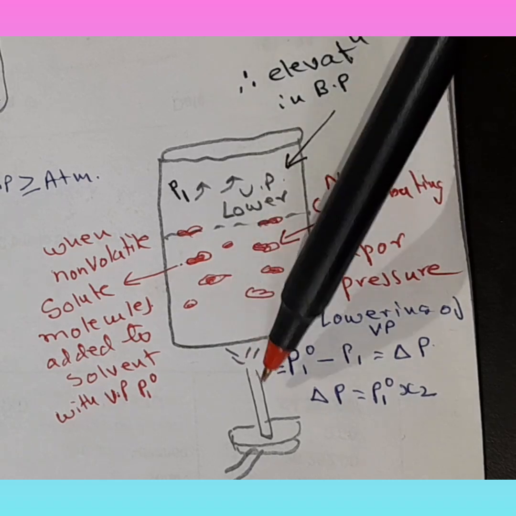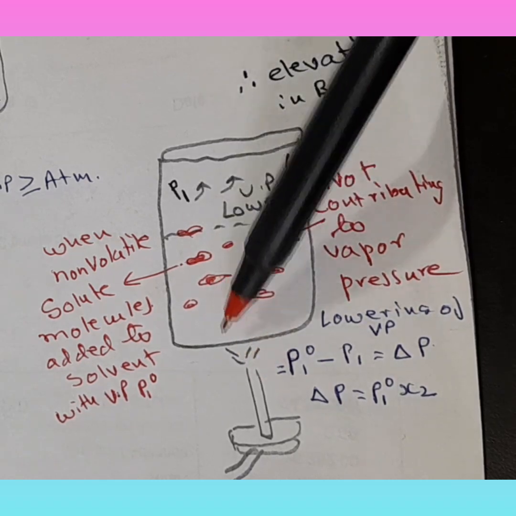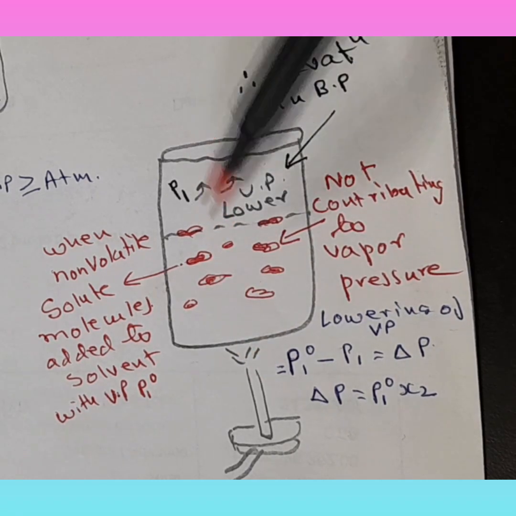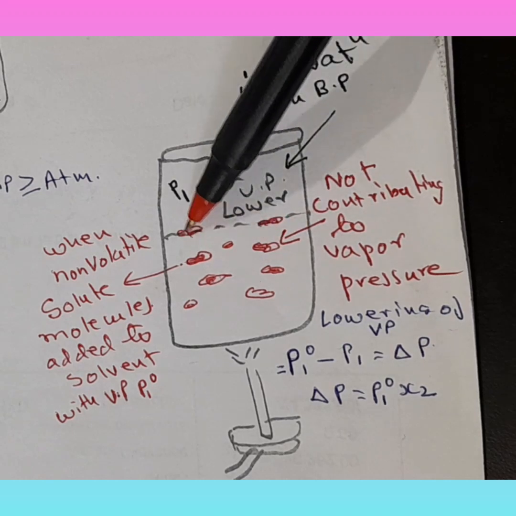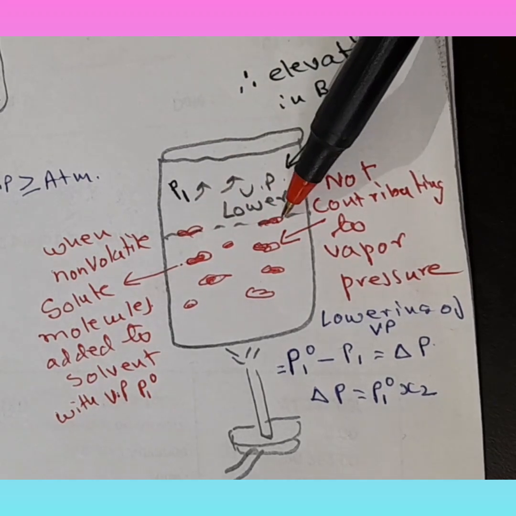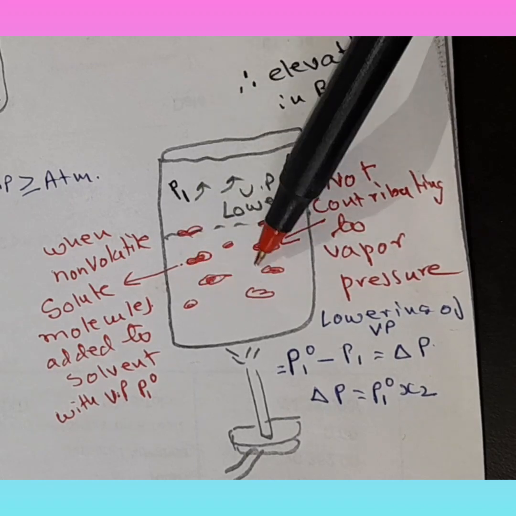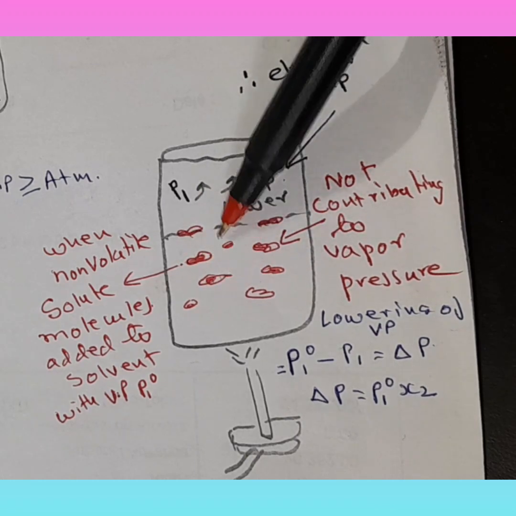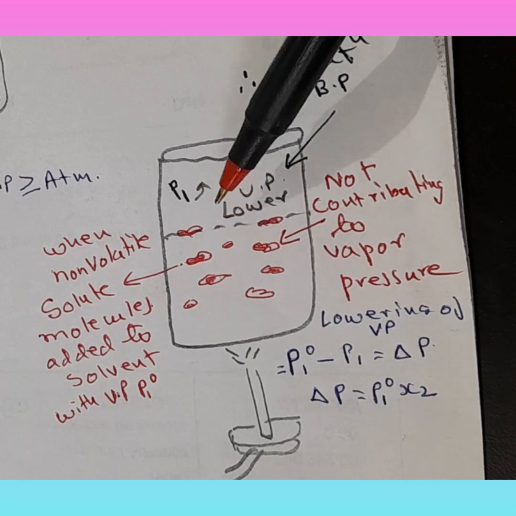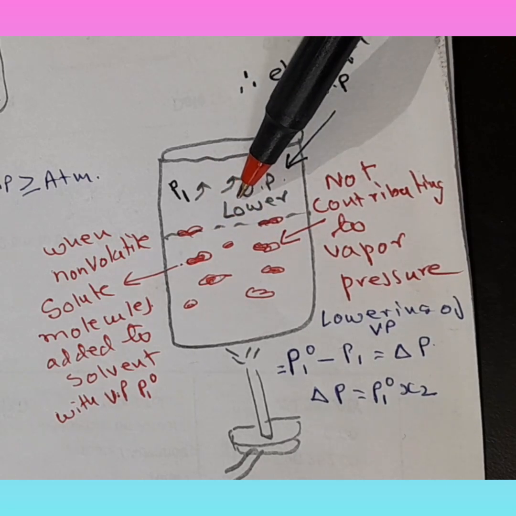So now we would require a higher temperature to boil, because in some part it would be covering the surface area, and it would also be disturbing the entire fluid in generating vapor. So vapor pressure would be lower.